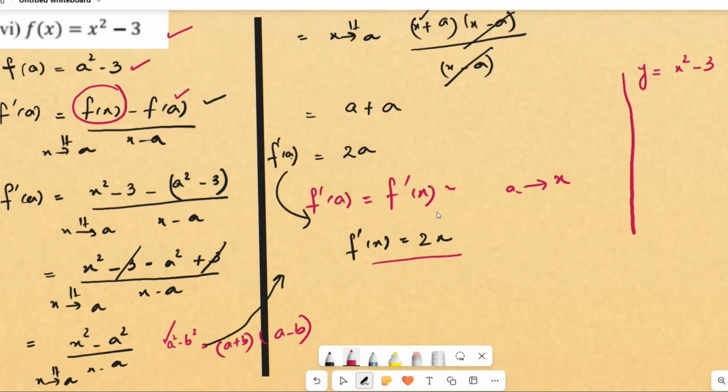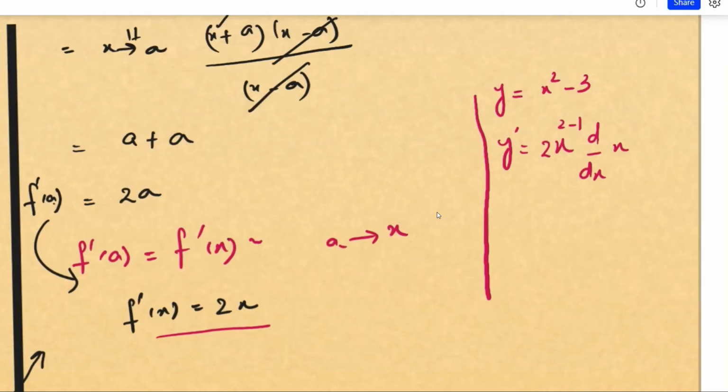And by using the formula, we know that we are taking this power out. So it will be 2, and after that we have to reduce 1 from the power, and taking the derivative of this base function minus derivative of 3.